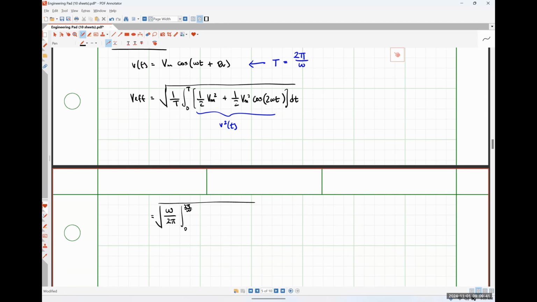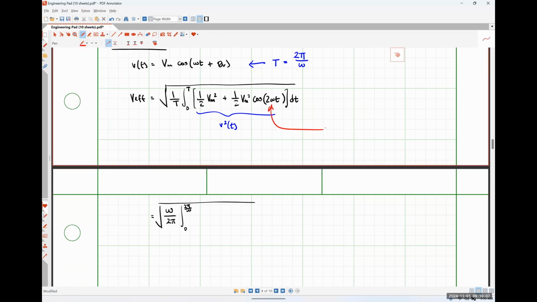Now we could split this integral up into 2 parts, but I just want us to look at things really quickly. When we integrate that AC portion, that is an integral over exactly 2 periods. What should that integral go to? 0.